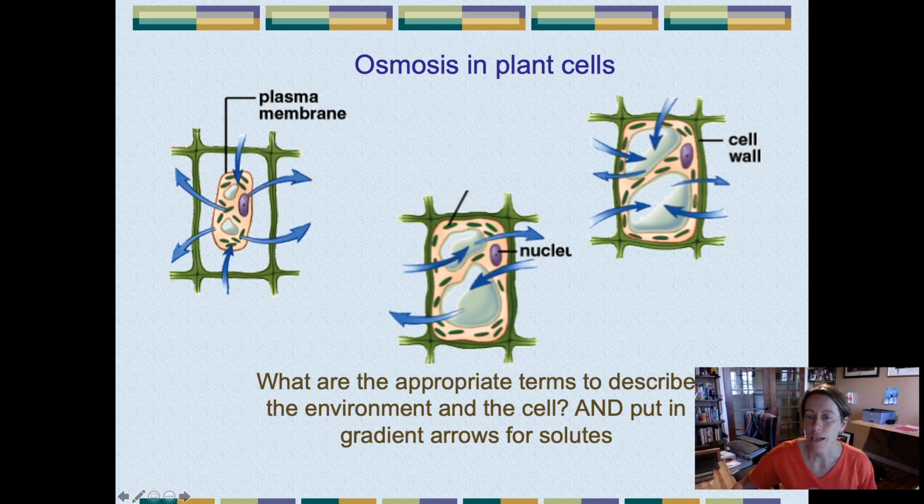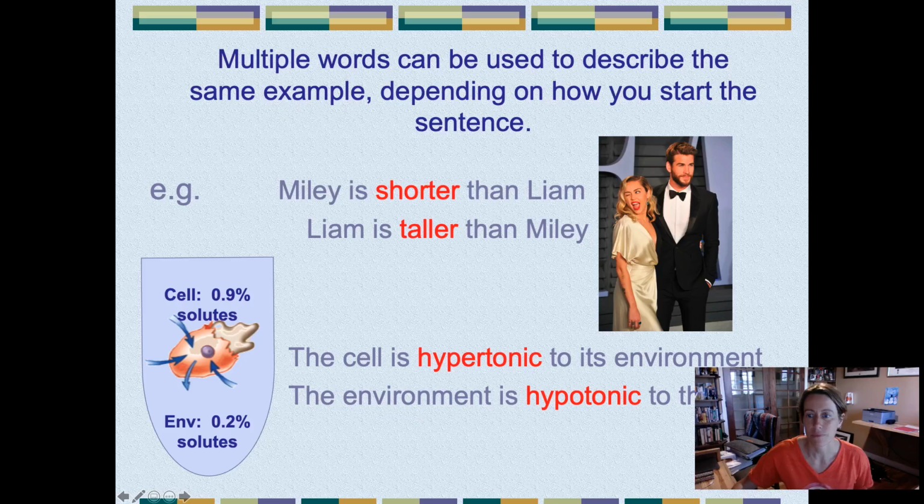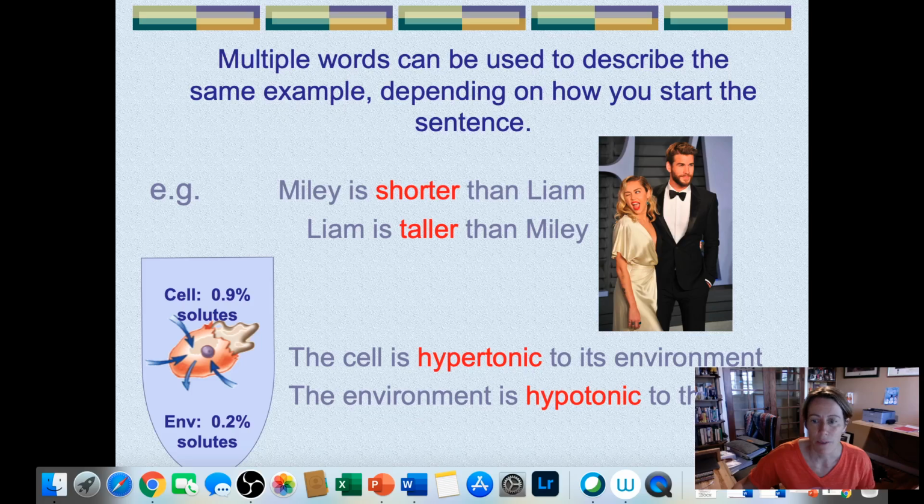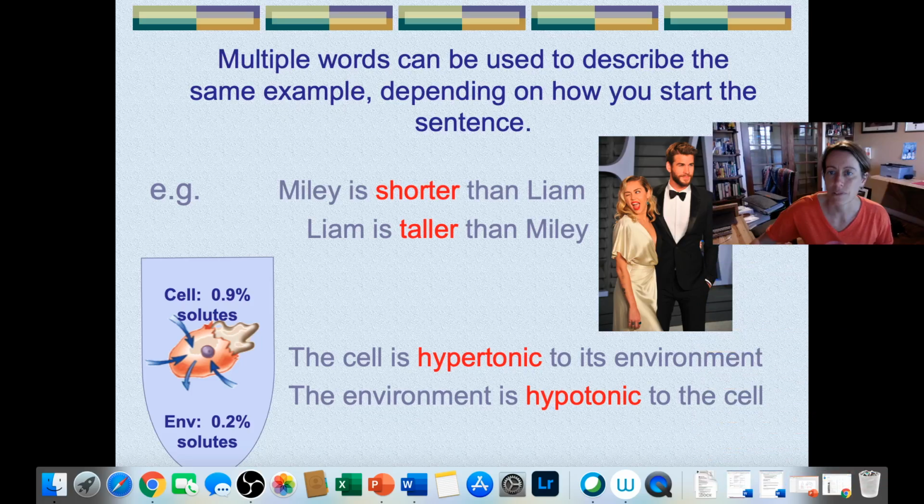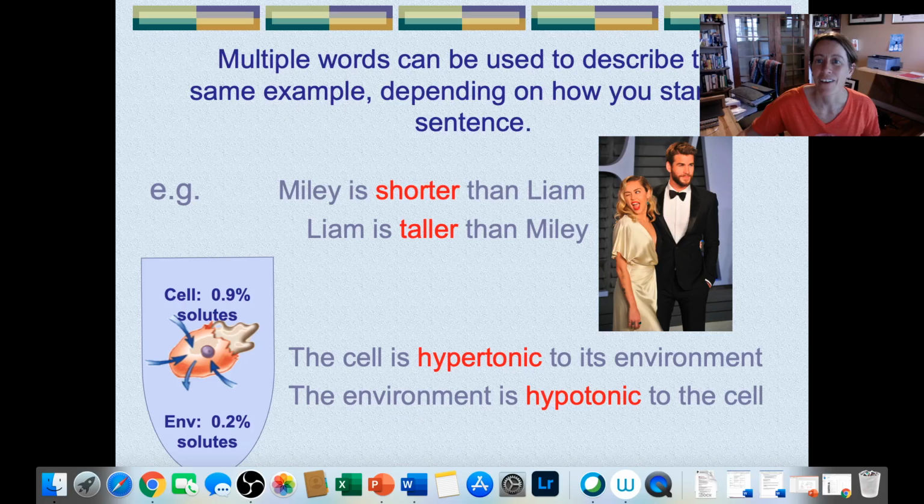All right, so using that logic, we can use that to describe our example down here. I'm going to move my video picture out of the way because I realize that you can't see what I'm doing here. So if we look at this picture here, the cell is 0.9 and the environment is 0.2.